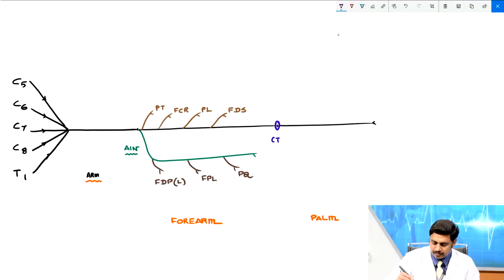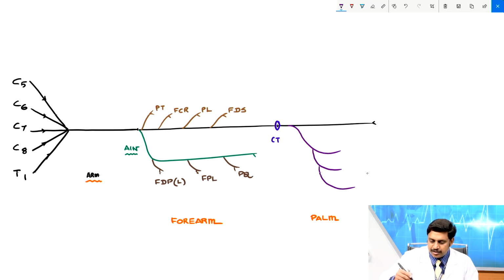Now, let us go on to the picture. It is going to supply the three thenar muscles, that is flexor pollicis brevis, abductor pollicis brevis, opponens pollicis.